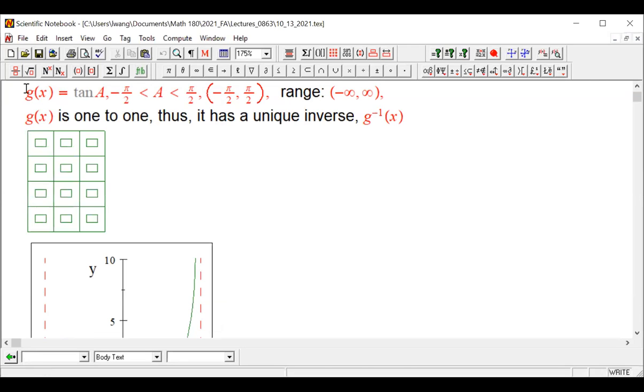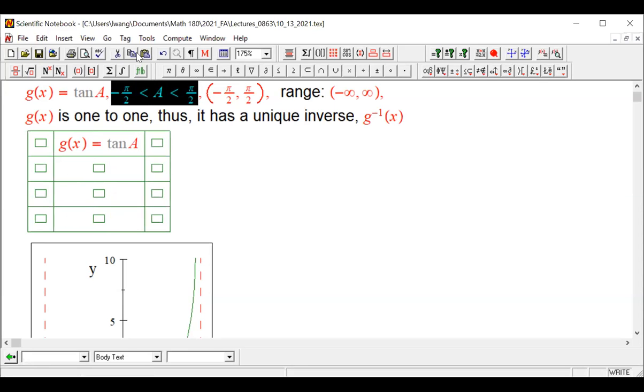So what is our G? This is our G. And G is tangent X with a specified domain.